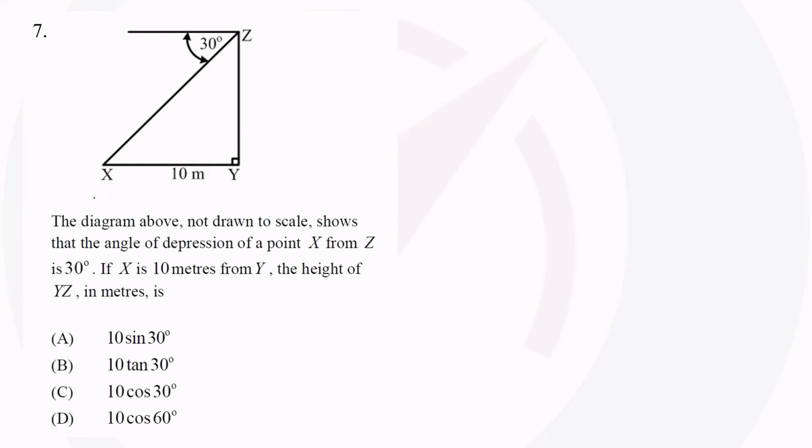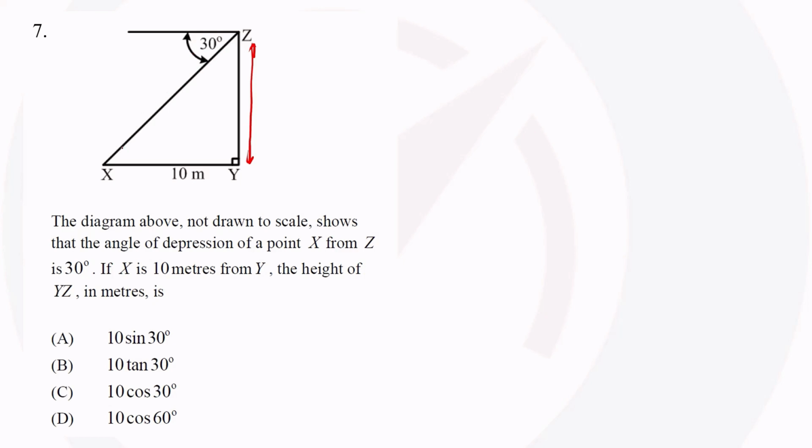So the diagram above, not drawn to scale, shows that the angle of depression of a point X from Z is 30 degrees. If X is 10 meters from Y, the height of YZ, which is here, in meters is. So the same concept, angle of depression is equal to angle of elevation.